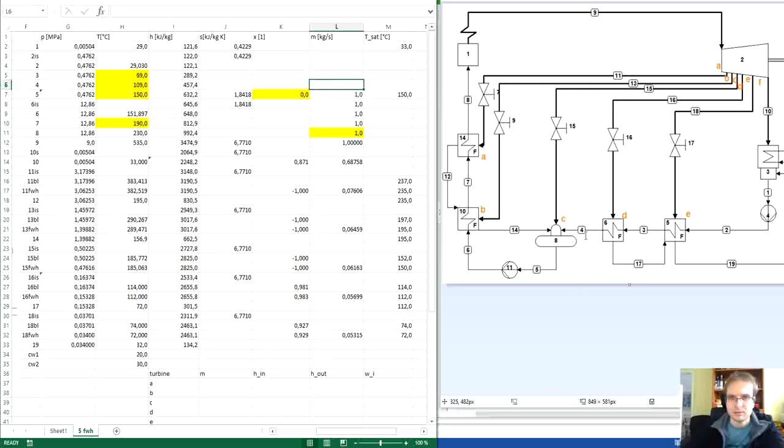Then at the node number 4, 3, 2 and 1, as we used also in our previous calculation, it's 1 minus these three streams of turbine bleed, so alpha A, alpha B and alpha C. Alpha A, B, C is these 11, 13 and 15.